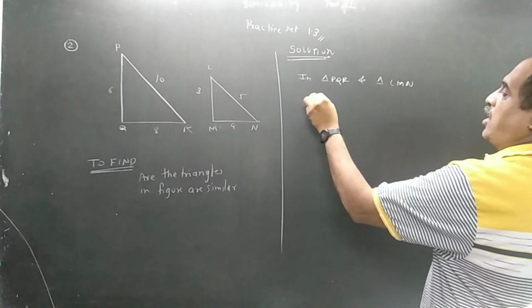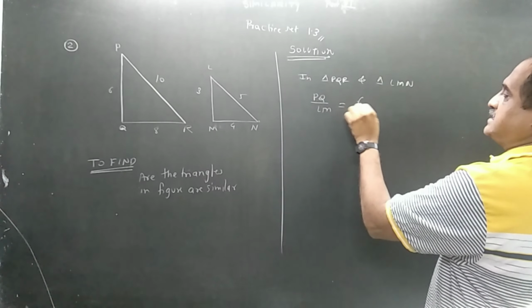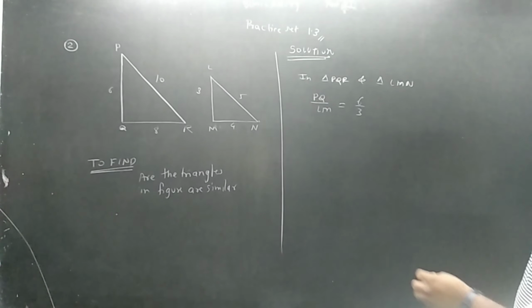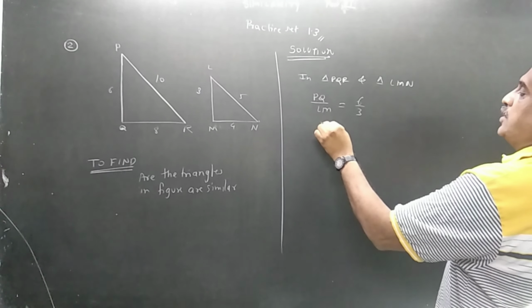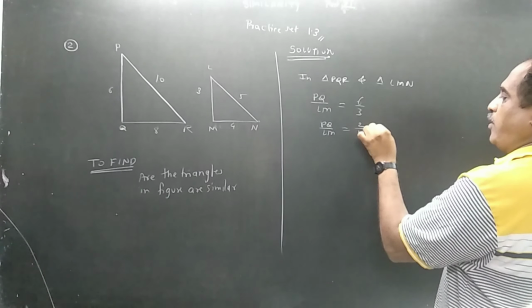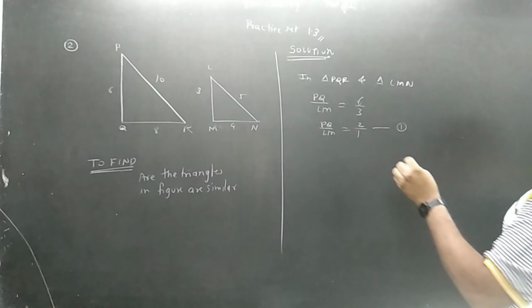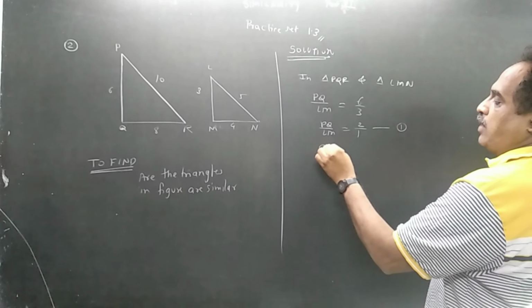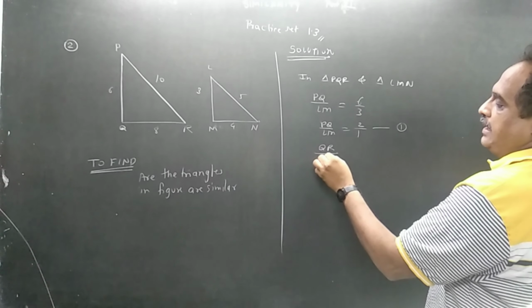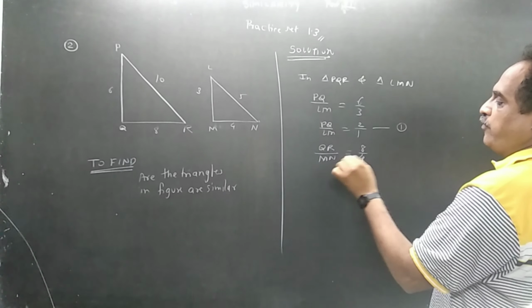First we find the value of PQ upon LM, that is 6 upon 3. So PQ upon LM is equal to 2 upon 1; I'll call it equation 1. Then QR upon MN is equal to 8 upon 4.